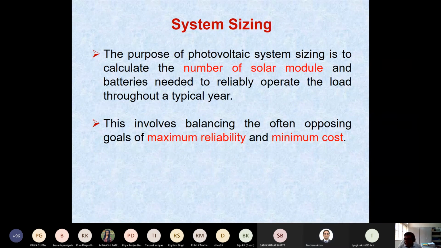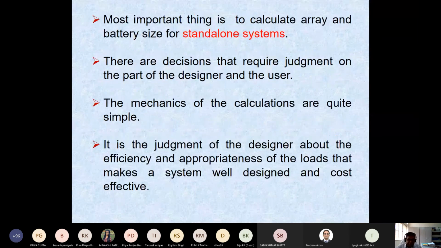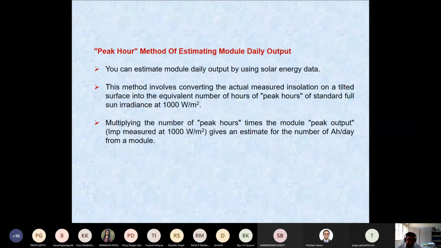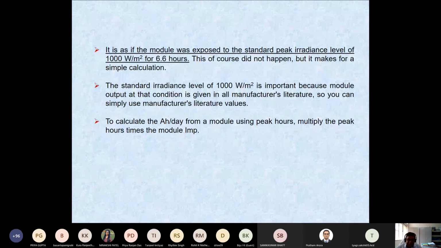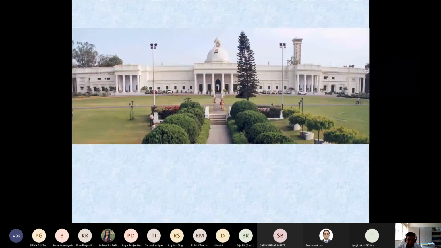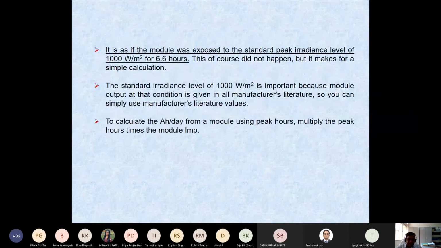I think this is a very important thing I want to note. I'll tell you a simple concept of sizing of PV, how you can size. Notes are there, you can read, and I think you will get the things.